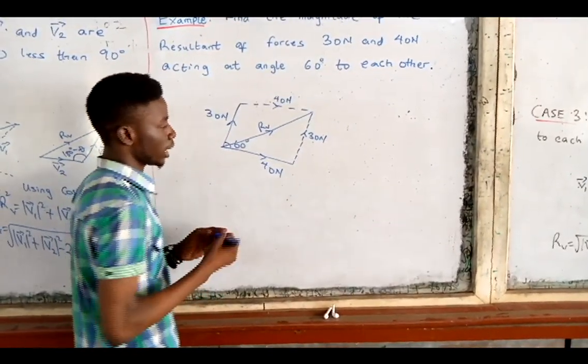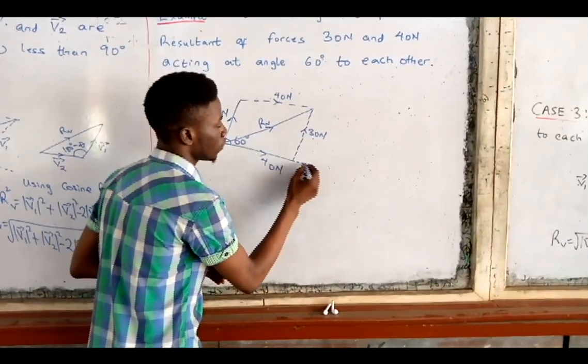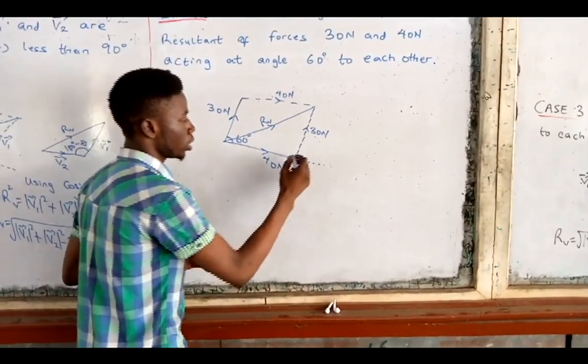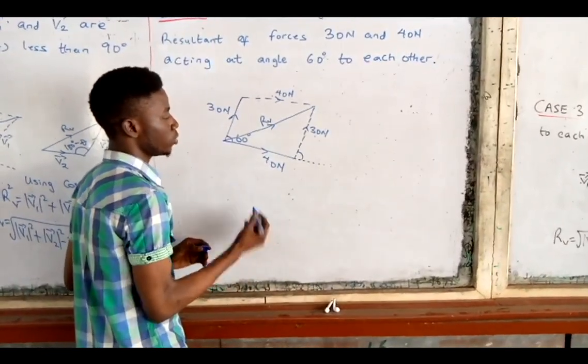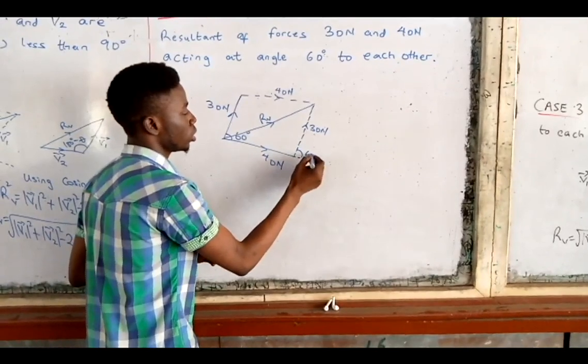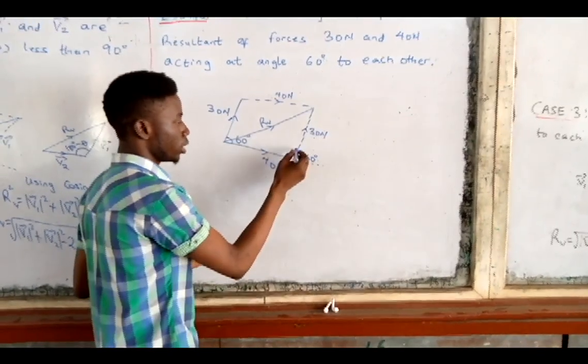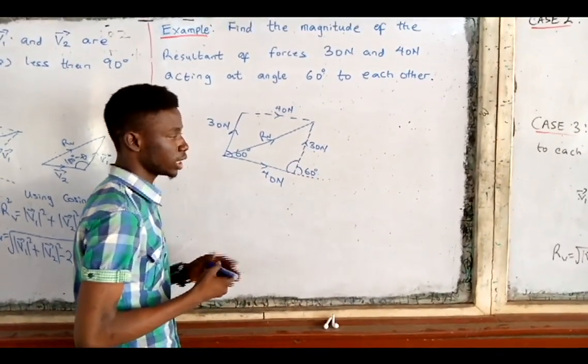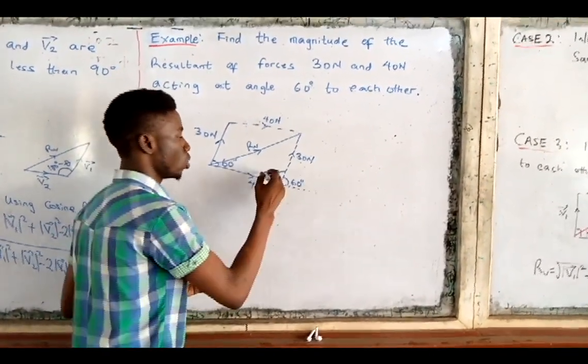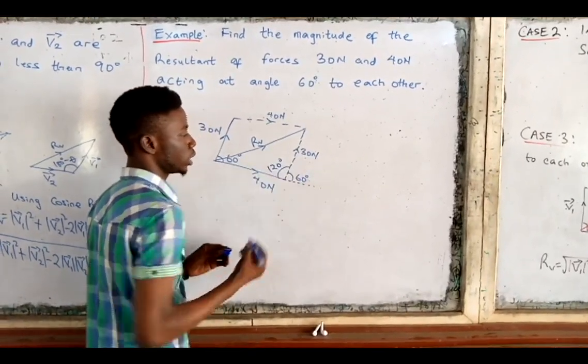Just like we did the other time, if I extend this 40 Newton, the corresponding angle here is 60 degrees. Definitely, the angle here will be 180 minus 60 degrees, which is 120 degrees.